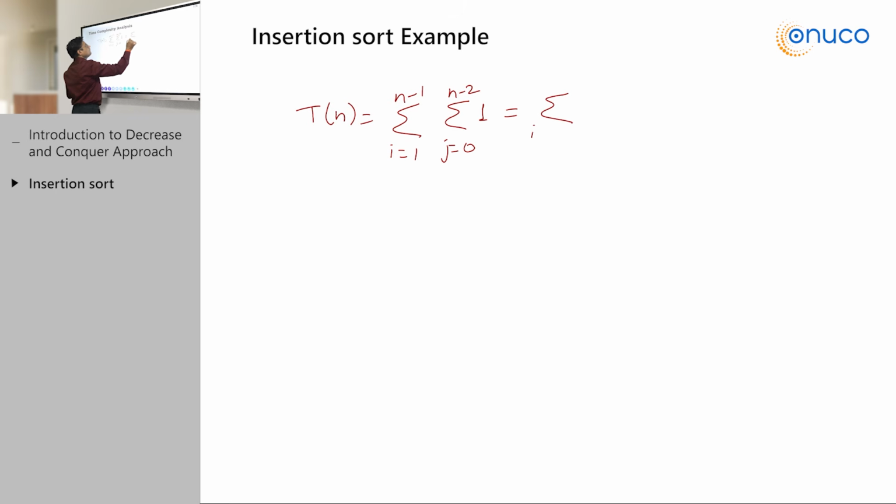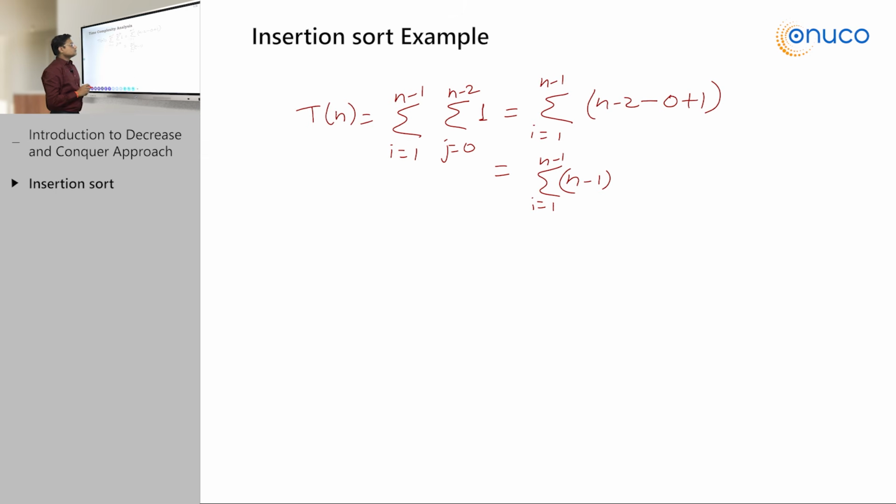First, the inner loop, i is equal to 1 to n minus 1, upper limit minus lower limit plus 1. So basically we are getting n minus 1. If you solve this, n minus 2 plus 1 is n minus 1.